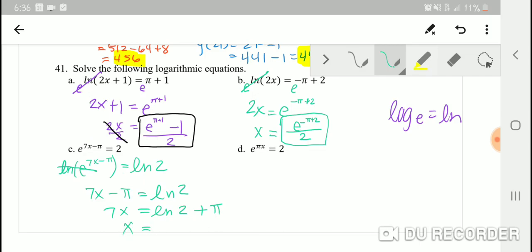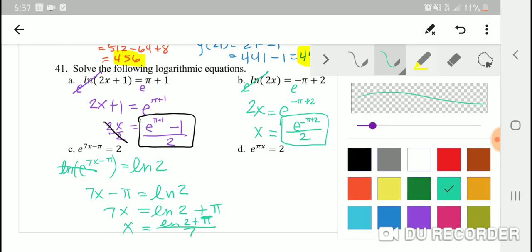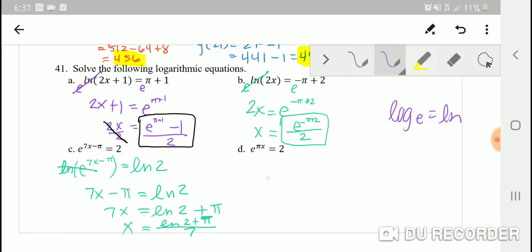So your final answer looks like natural log of 2 plus pi, over 7. So all of that is your answer.